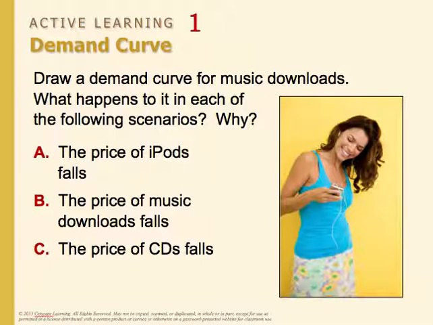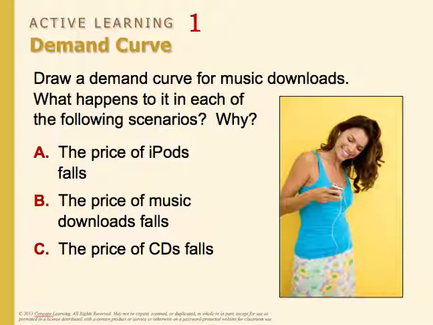So what happens when the price of iPods falls? iPods and music downloads, you should be able to identify the relationship between these two. These two goods are complements, iPods and music, right? Because you listen to music on iPods, that's why these two goods are complements. They depend on each other.